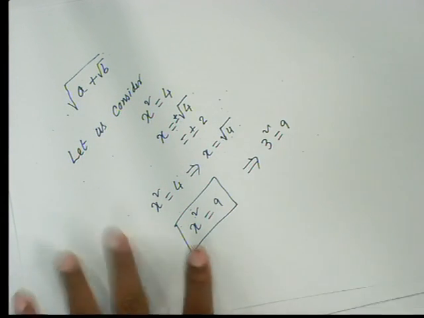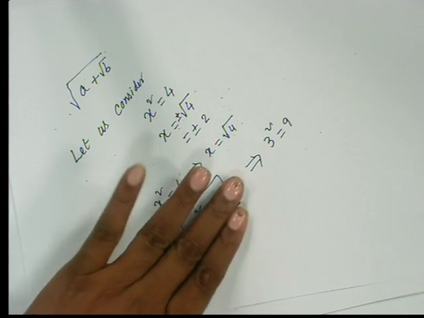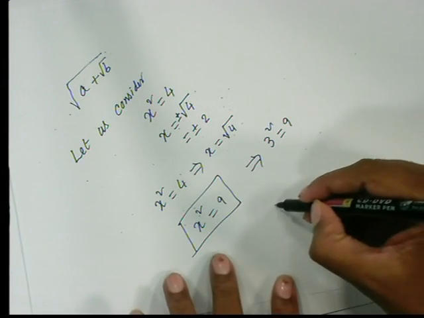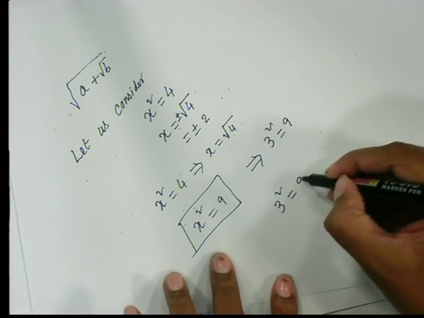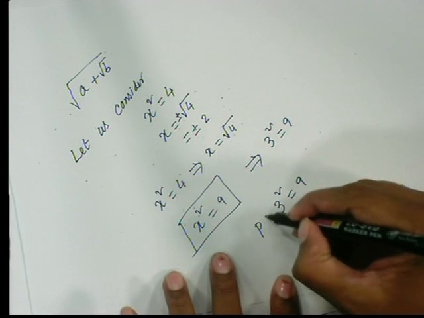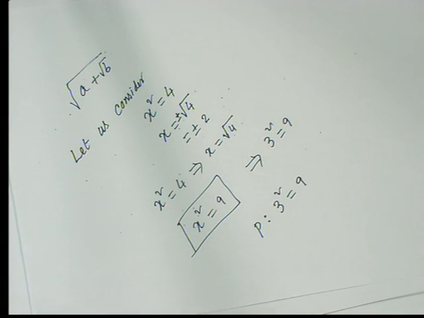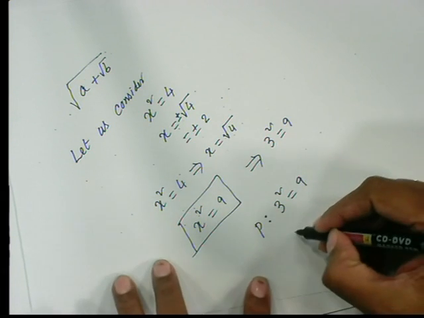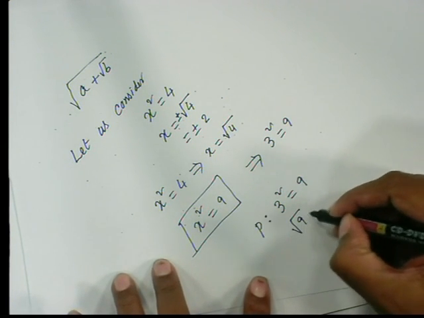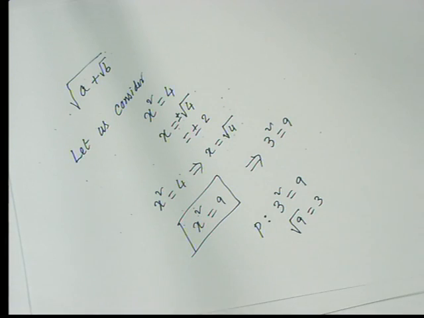You leave this one for a while. If 3 square is equal to 9 is the mathematical statement P I have given, what is the converse of this statement? Think for a while. Yes, the converse of the statement is root 9 is equal to 3, we should write like this.